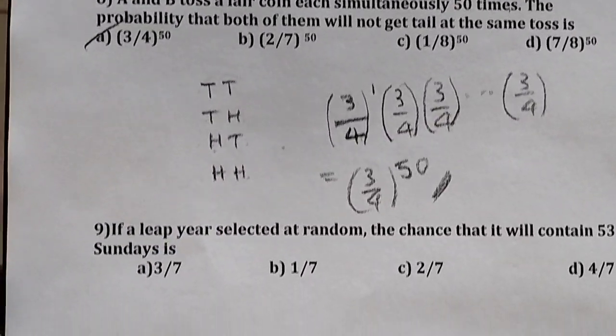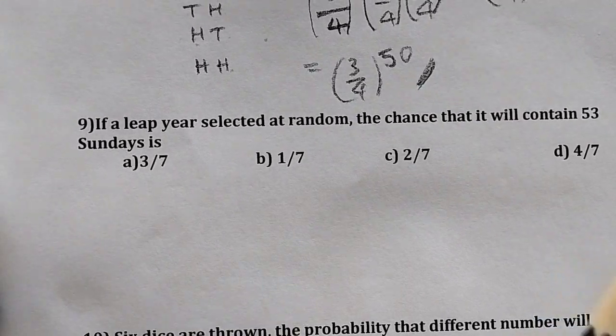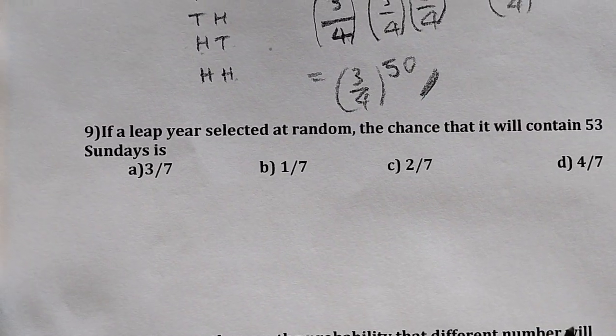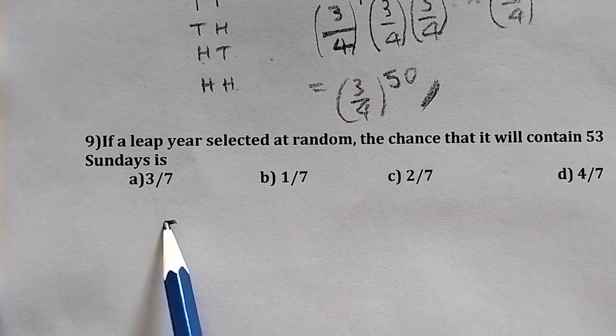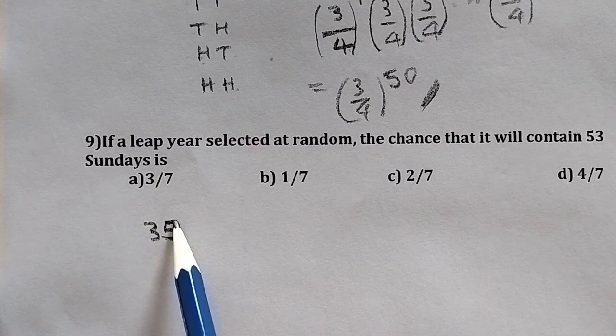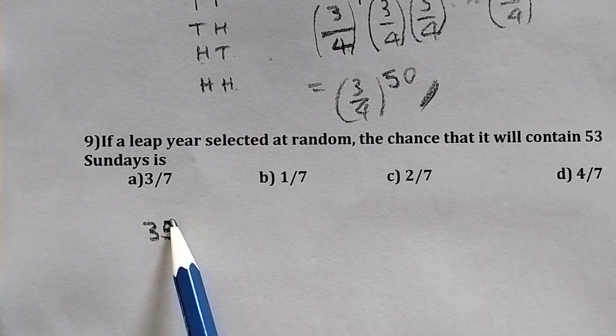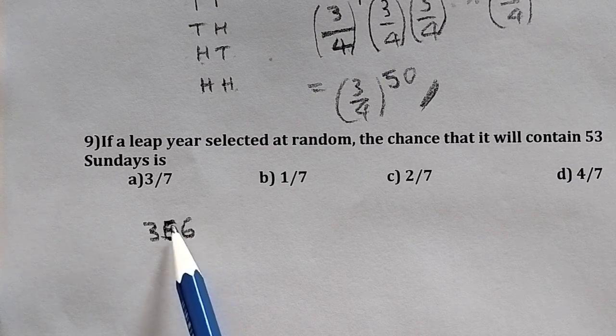Now coming to question number 9. A leap year selected at random, the chance that it will contain 53 Sundays is. The number of days in a leap year is 366.